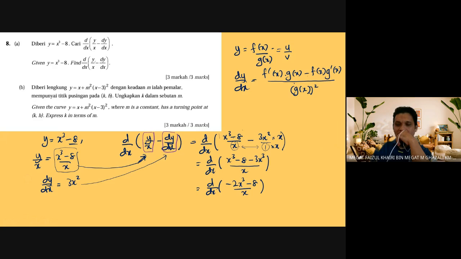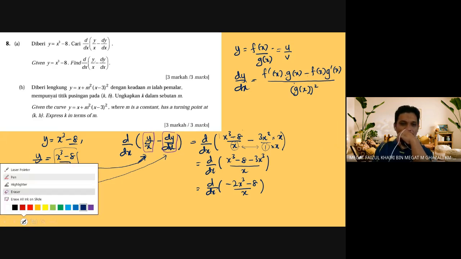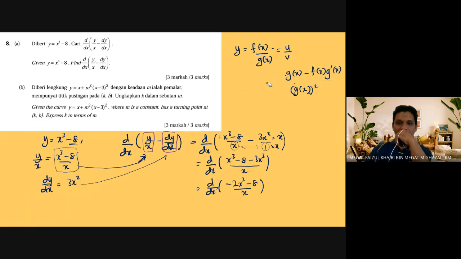If I choose that method, this step will be a little bit longer. But we have another option.